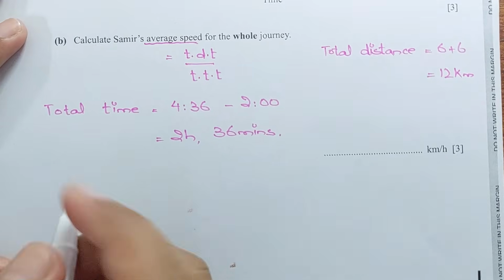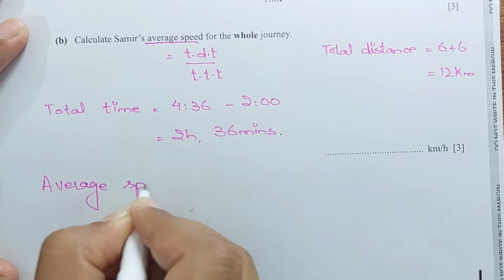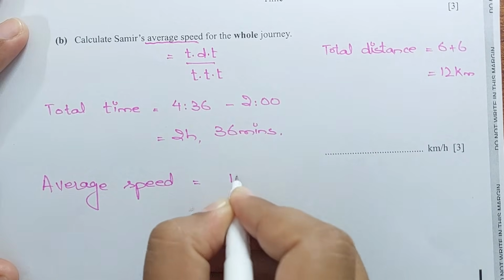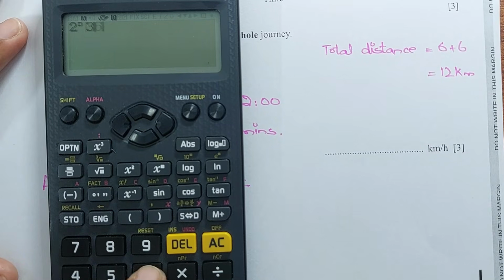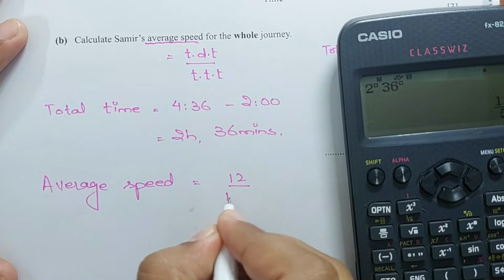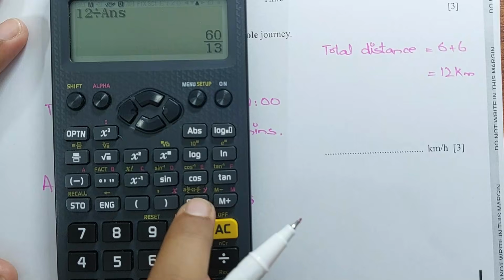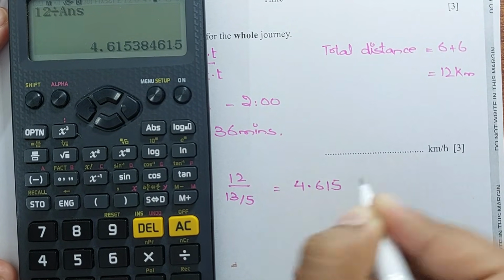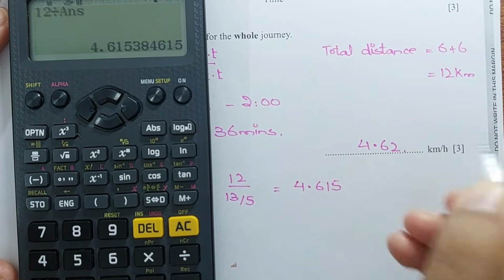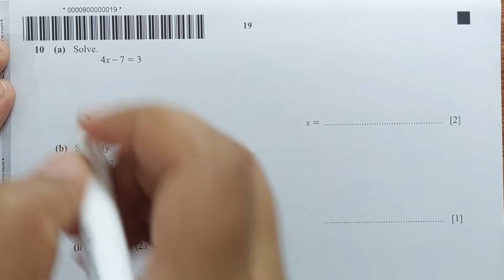Let me solve for the average speed: total distance traveled divided by total time taken. 2 hours and 36 minutes is 13 over 5 hours. 12 divided by that is 4.615, or we can say 4.62 kilometers per hour. That is the average speed.